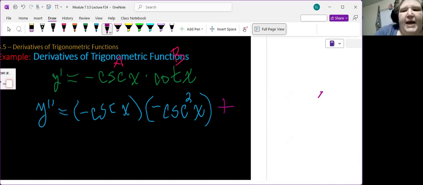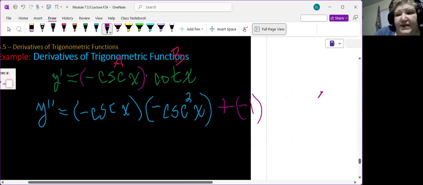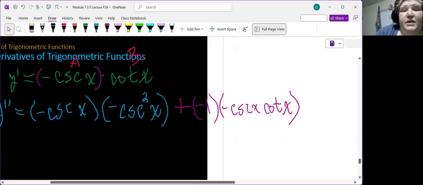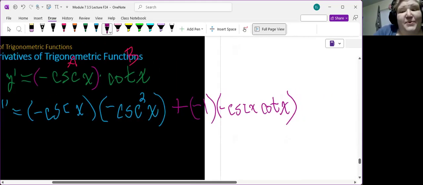So we're going to have the -1 that's part of A, that's carrying through, times the derivative of cosecant, which is negative cosecant cotangent. Now all of that's still just A prime though, times B is just cotangent.